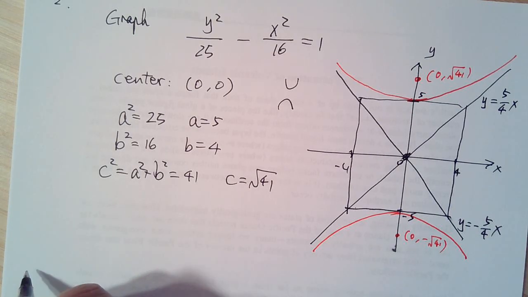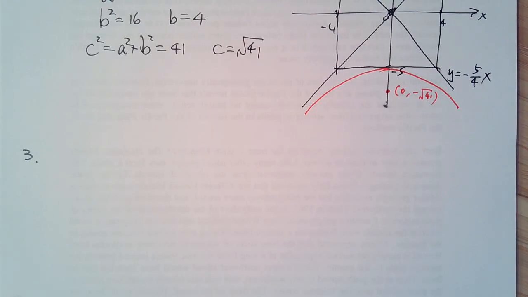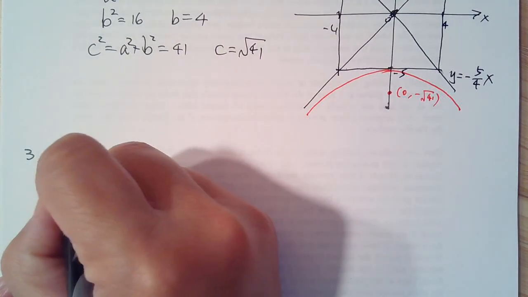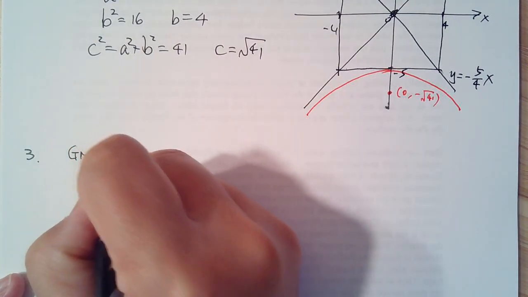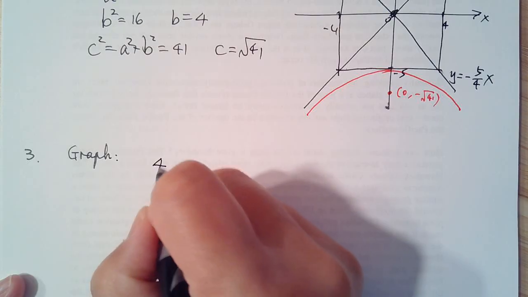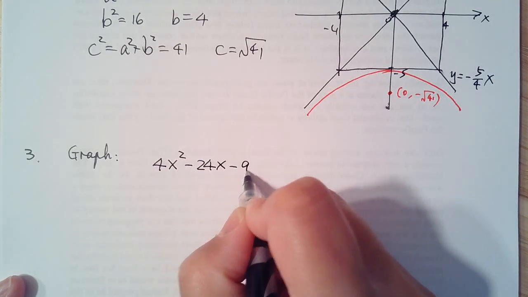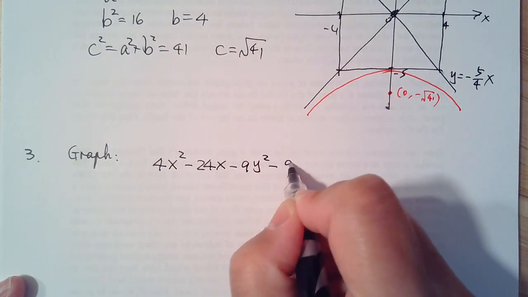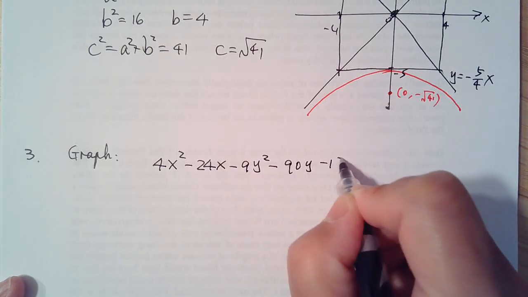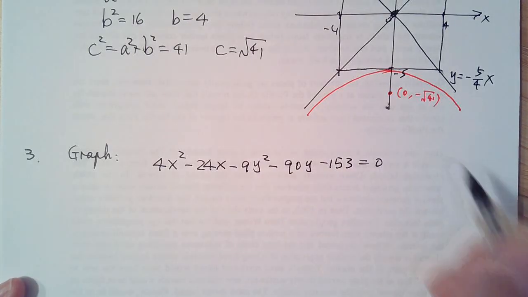So let me ask you to do number 3. Graph this: 4x squared minus 24x minus 9y squared minus 90y minus 153 equals 0.